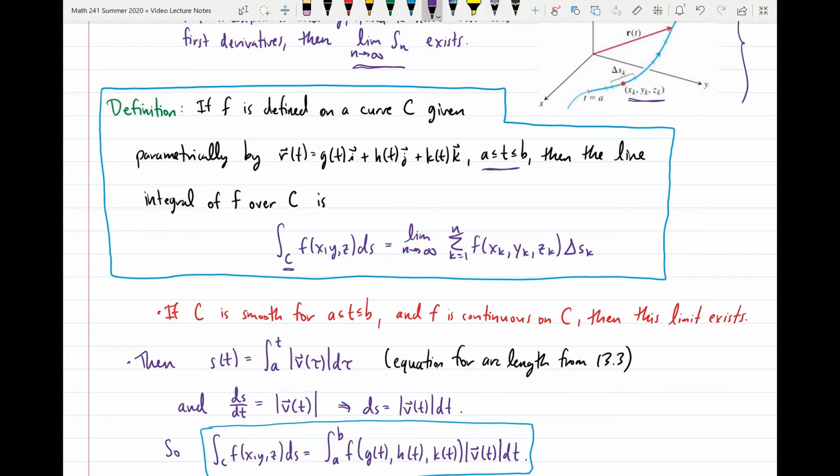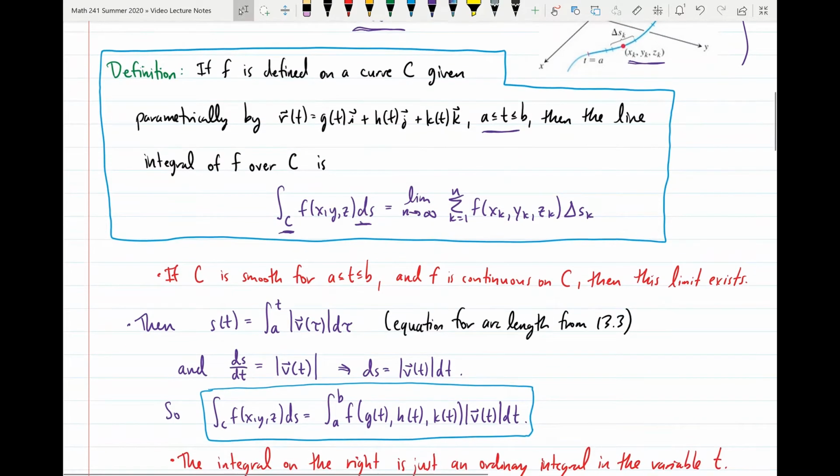So we have the integral of f of x, y, z over c ds. Notice that we're integrating with respect to the arc length parameter here. It is equal to the limit as n goes to infinity of those sums s sub n from before. So we have the sum from k equals 1 to n of f of x sub k, y sub k, z sub k times delta s sub k.